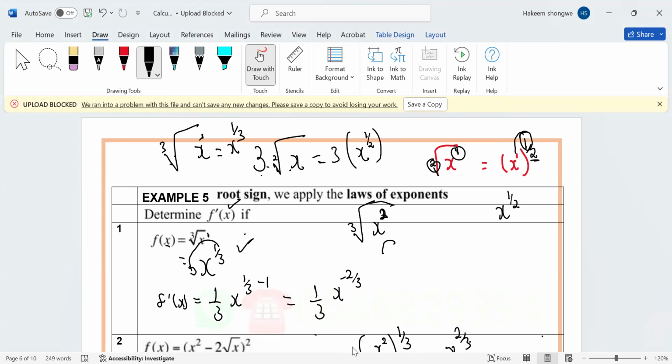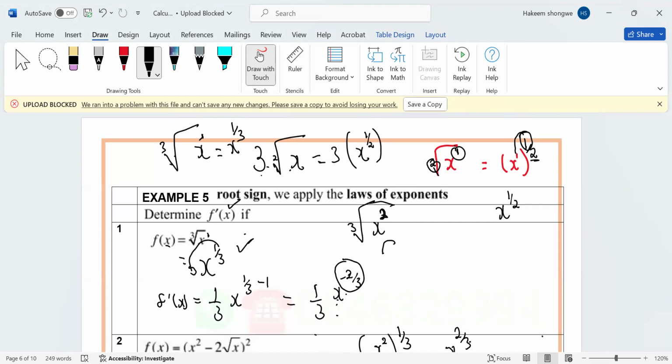And then usually they would say we should leave our answer in a positive exponent. If we are supposed to leave our answer in a positive exponent, they would give us that instruction. If they didn't give us that instruction, we would stop here. But if they gave us that instruction to say leave your answer in a positive exponent, this x is on the numerator. Its exponent is negative. If it goes from the numerator to the denominator, the exponent is going to change.